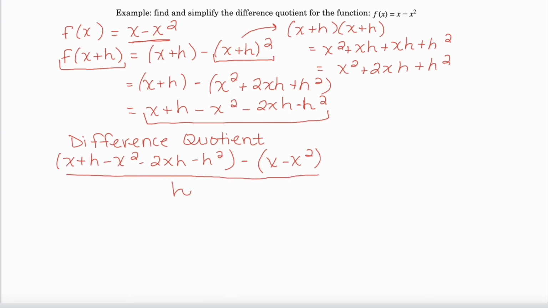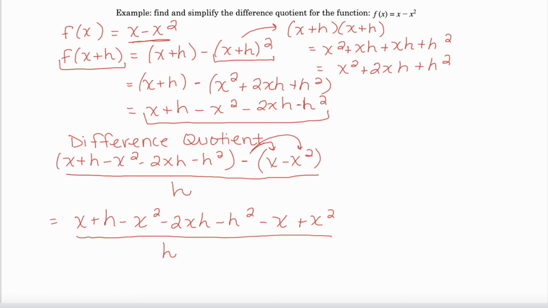Now I'll release my parentheses and distribute so I can combine like terms in my numerator. X plus h minus x squared minus 2xh minus h squared minus x plus x squared all over h.